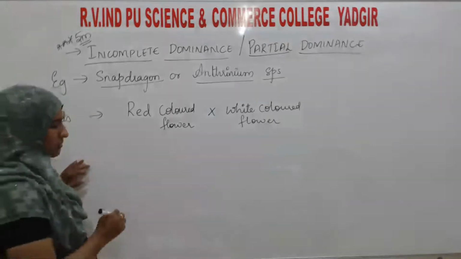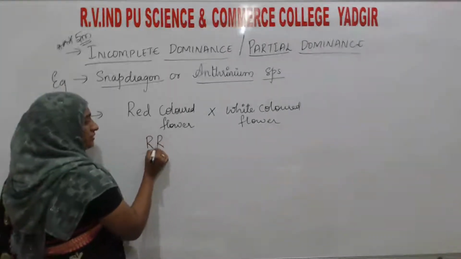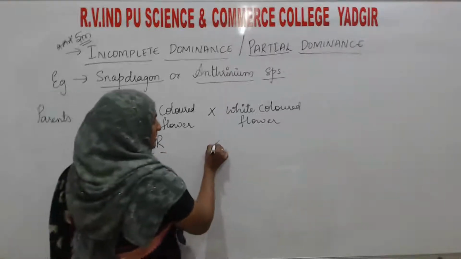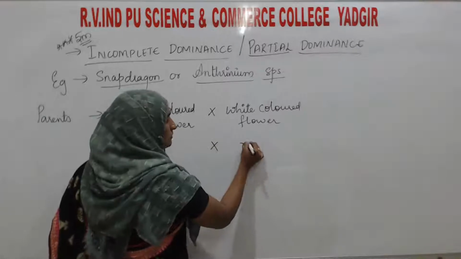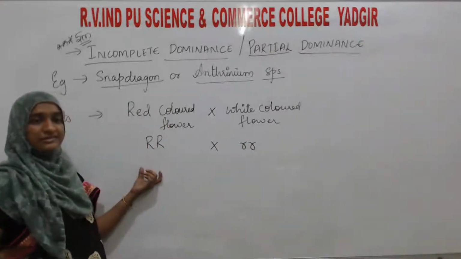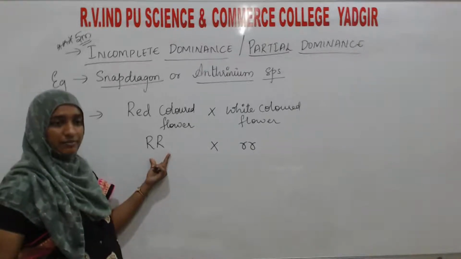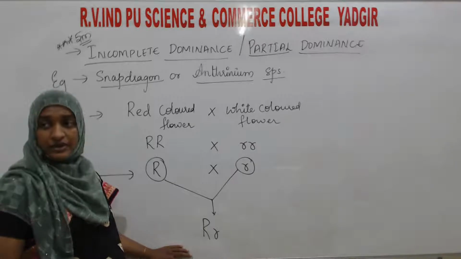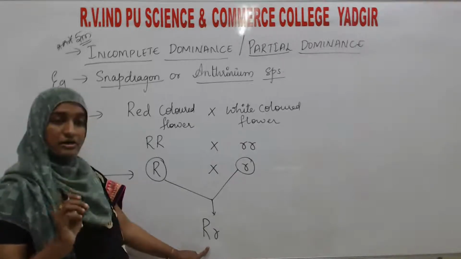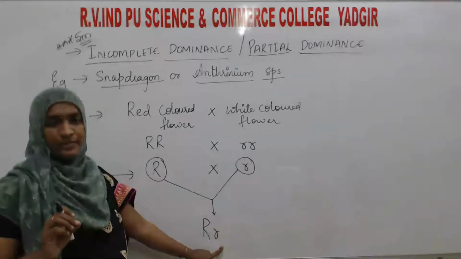So here you see, it can be represented with capital R and capital R, and this can be represented with small r and small r. Parents, red colored flower which is represented by capital R capital R, and white by small r small r. Here capital R is dominant, small r is recessive.